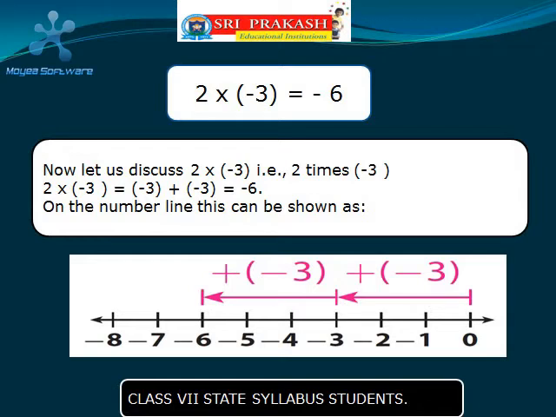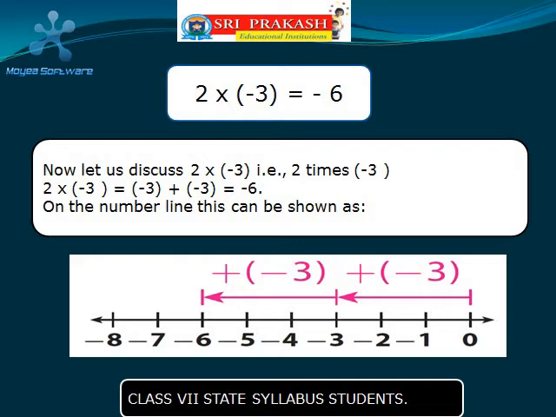So now on the number line, we take 2 blocks of 3 units each towards left hand side from 0. The reason is minus 3 locates towards left hand side of the 0.